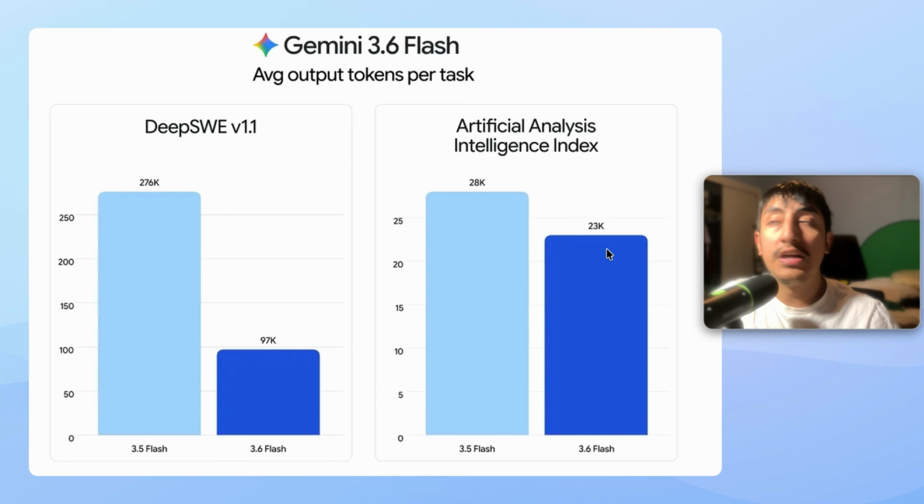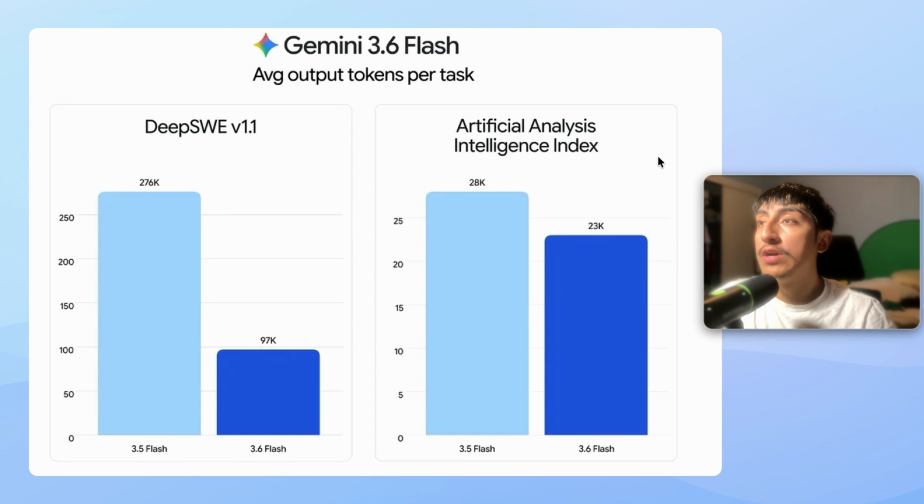So if we take a look at the right side at the Artificial Analysis Intelligence Index, which is an independent group's overall how-smart score that also tracks how many tokens a model burns, we can see that the 3.6 Flash actually uses 17% fewer output tokens than the 3.5 Flash. In simple terms, this means less text to finish the same task, which means a smaller bill and a faster answer.